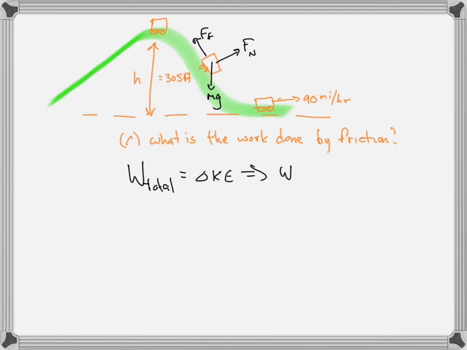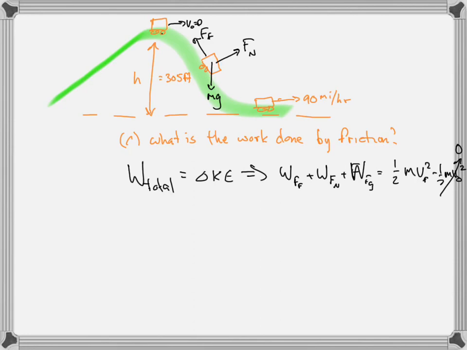So we've got the work done by the frictional force plus the work done by the normal force plus the work done by the gravitational force is equal to 1/2 mv final squared minus 1/2 mv initial squared, but recognizing right away that v initial is 0.